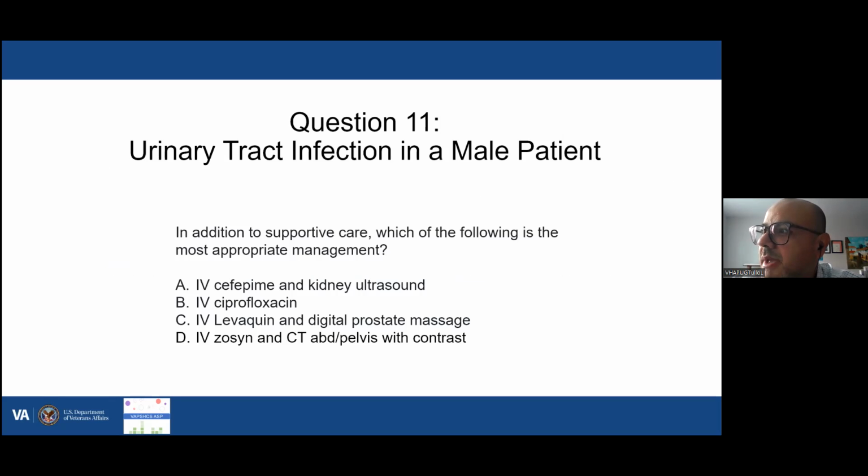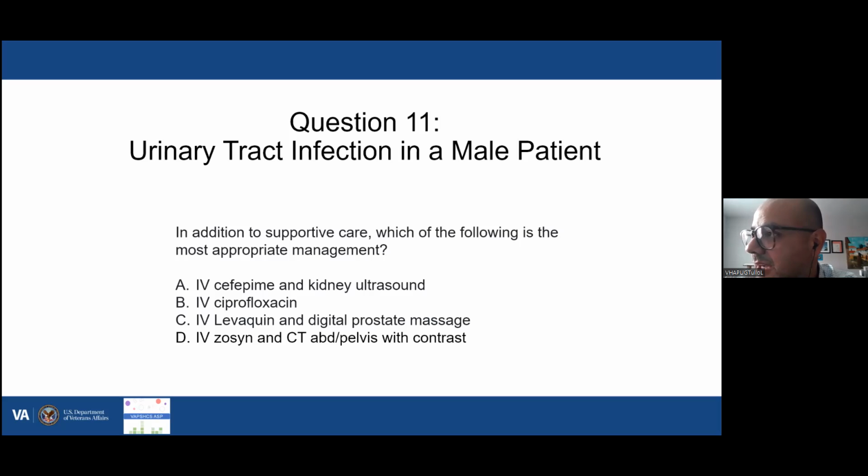Urinary tract infection in a male patient. What did people choose? Oh, great.